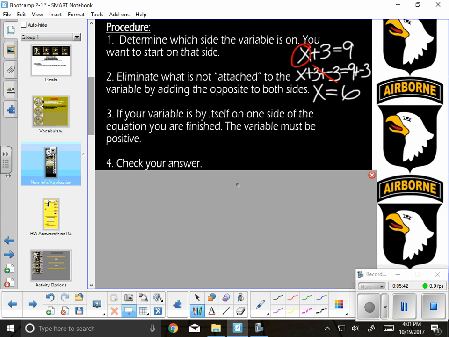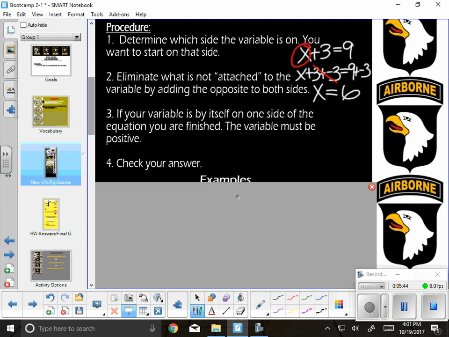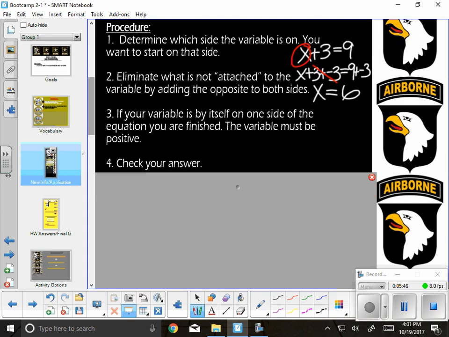Pretty plain and simple. Now step 4 is check your answer. I think this is the most important step, because most of the time in math it can be very hard to go back and check that you have the right answer. With equations, all you have to do is plug the answer you got for the variable right back into the equation and make sure it makes sense.